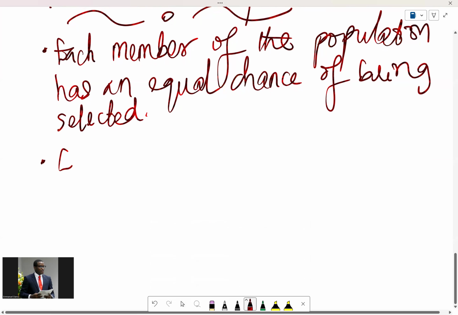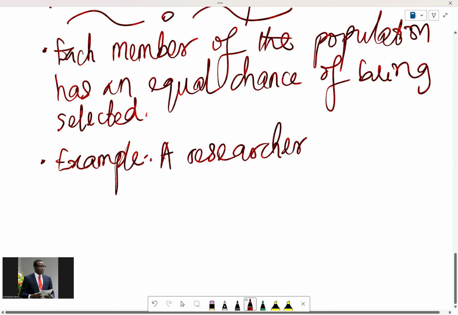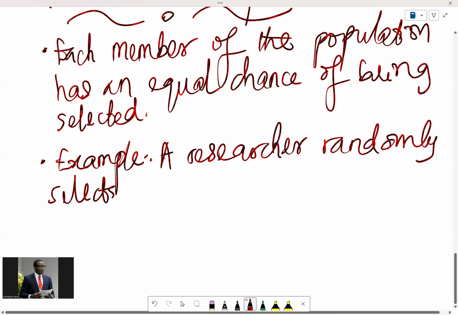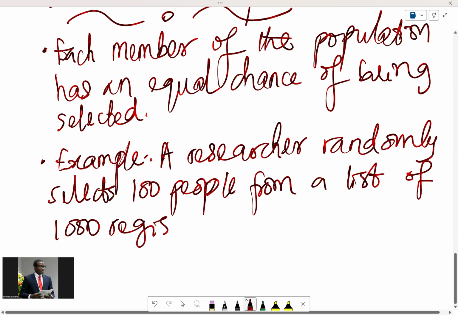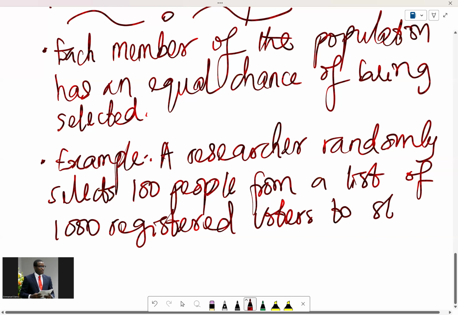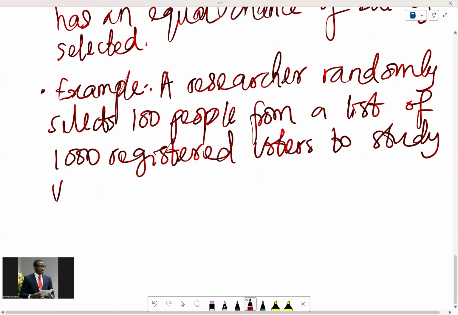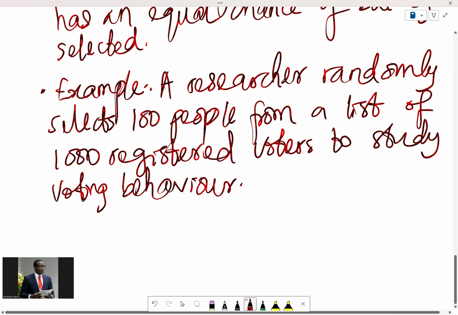Okay. An example of that would be a researcher randomly selects 100 people from a list of 1,000 registered voters to study voting behavior. Okay, that is random sampling.